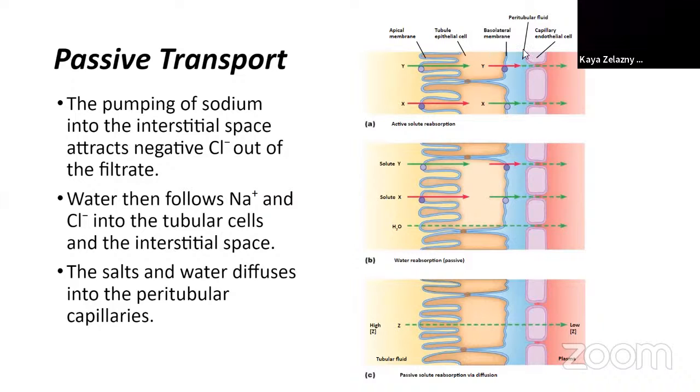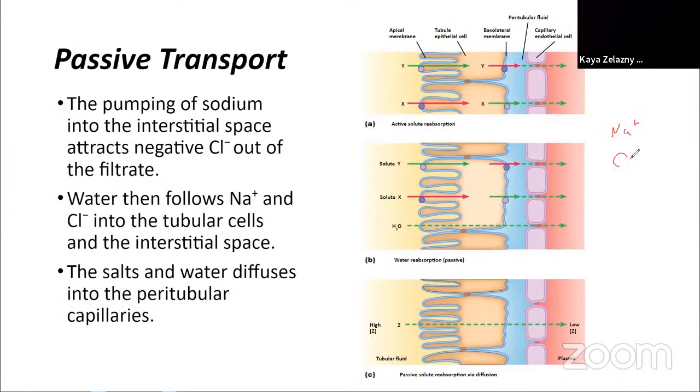Right. So far we have sodium ions, chloride ions, and water all being reabsorbed here in the proximal tubule. The one that we were doing active transport of, because we talked about that pump, is the sodium.